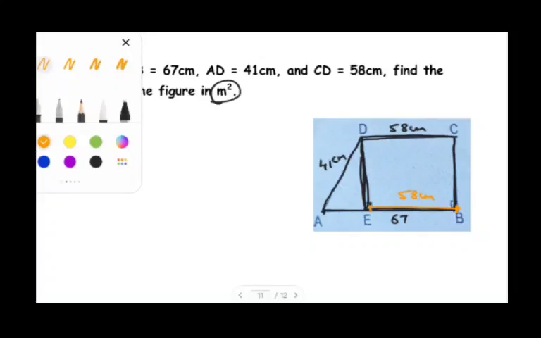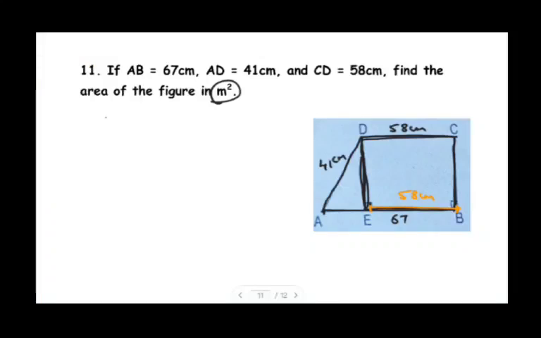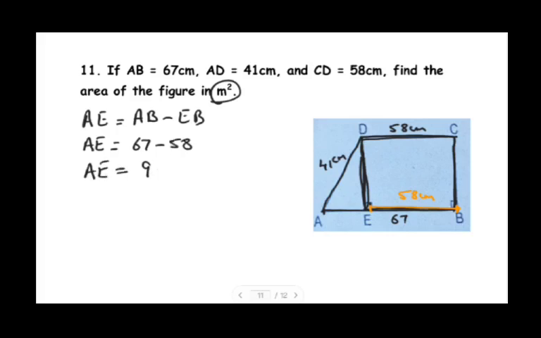So 67 minus 58 is equal to how much? 9. Let me write it formally. So AE is equal to AB minus EB. AE is equal to 67 minus 58. AE is equal to 9 centimeters. So I've got this as 9 centimeters.